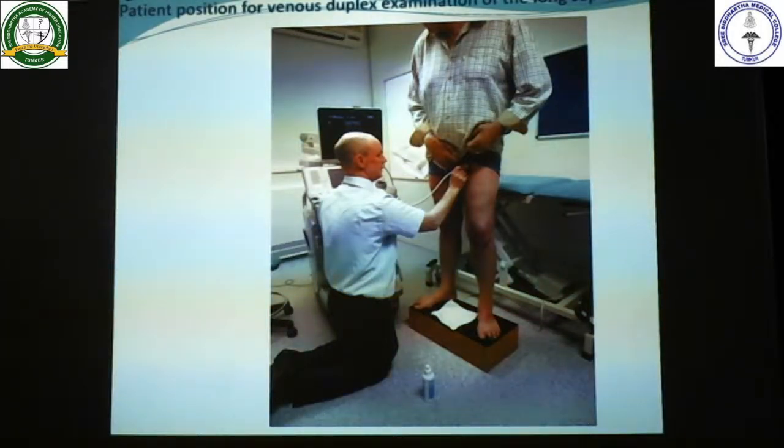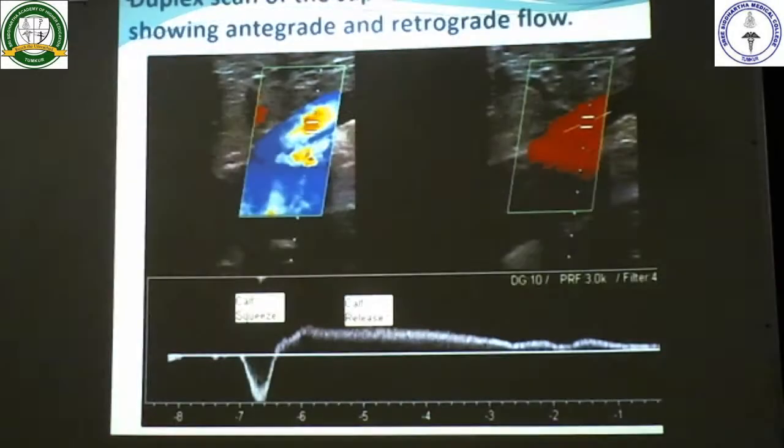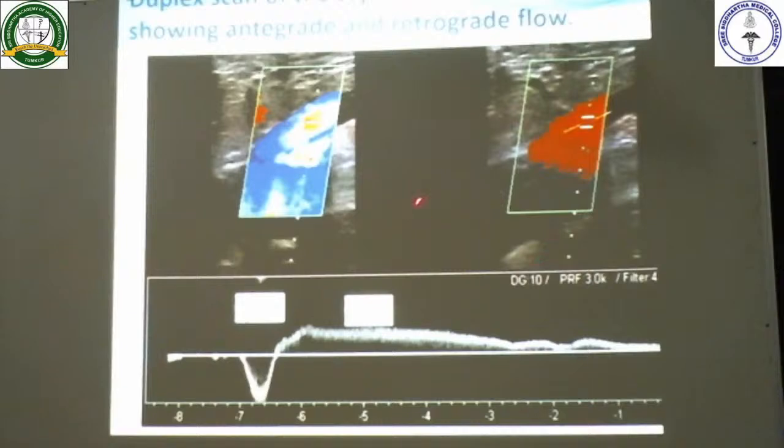So this is the position of the venous duplex ultrasound scan, and over this there is antegrade or retrograde flow. Retrograde means reverse flow. If there is a normal flow, the image is color coded and appears blue. If there is a reverse flow, you can assess an incompetent valve or perforator.